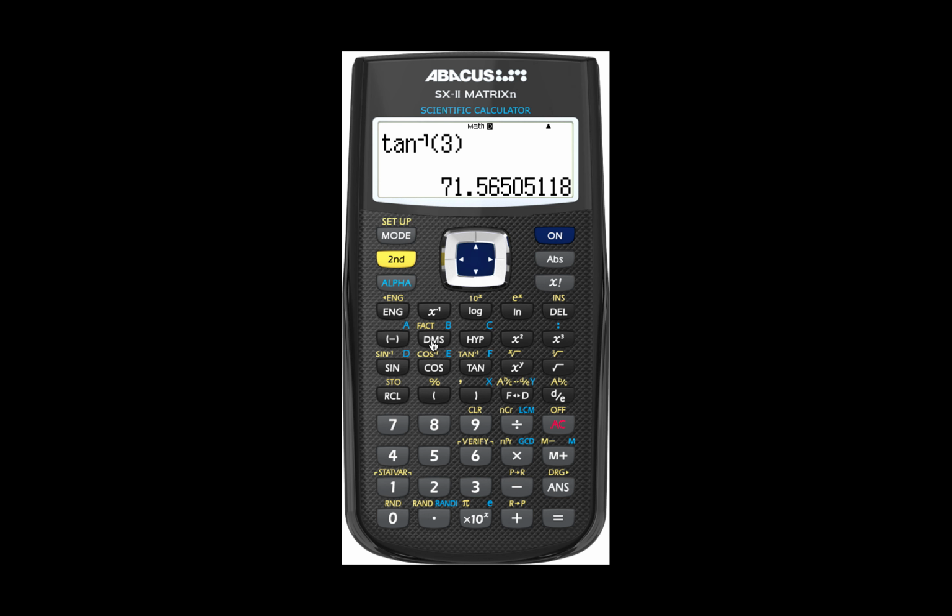Yours may look different. It looks like bubbles and dots, but when you press it, it converts it to us here in degrees, minutes, and seconds. To round this to the nearest degree, we look at the minutes and notice that it is past halfway of 30. So we round this to 71 degrees, 34 minutes.